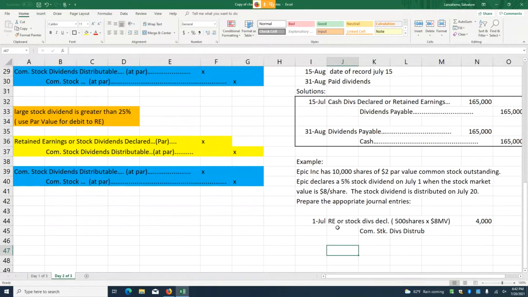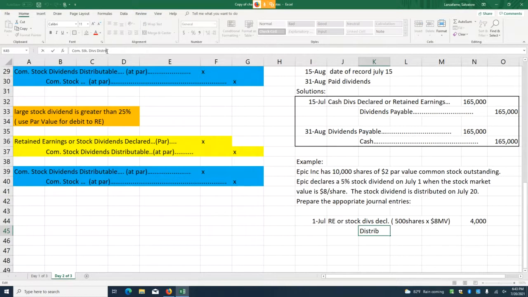So in that first entry, debit retained earnings or debit stock dividends declared. Now I want to credit the common stock dividends distributable. This is those same 500 shares, but at par value, and the par in this problem was $2. So 500 times 2 would be $1,000.